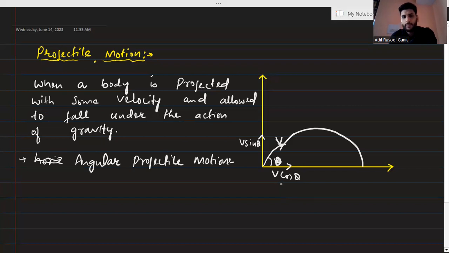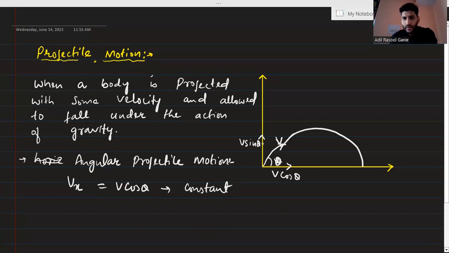Thus, the horizontal component of the velocity will remain constant throughout the journey, which means that if Vx represents the horizontal component, it is equal to v cos theta, and it remains constant throughout the motion of the body.